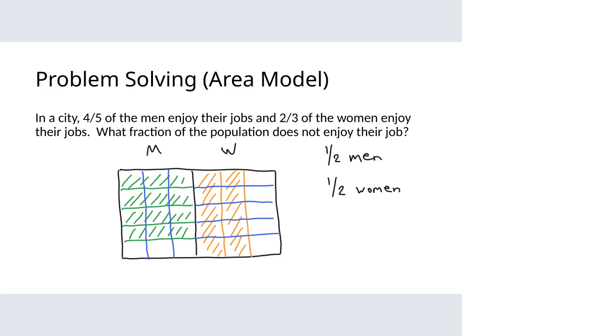Because what I wanted to do here is create equal size pieces all the way through the entire diagram. And now I can see that I have what, 1, 2, 3, 4, 5, 6, 10, 15, 20. I have 25 total pieces in my diagram. Is that right? 1, 2, 3, 4, 5, 6, 12, 18, 24, 30. There we go. 6 times 5, 30 total pieces.